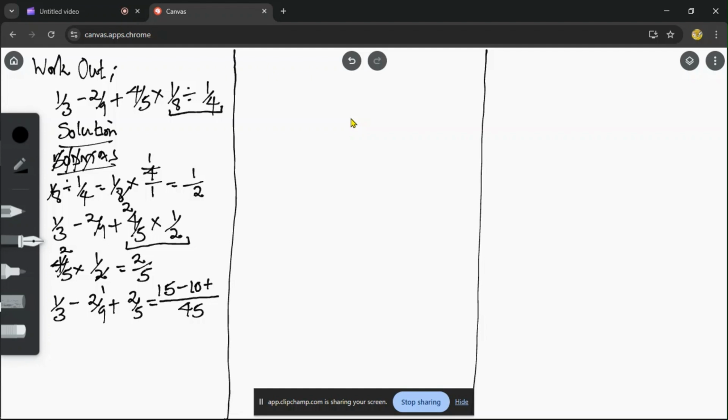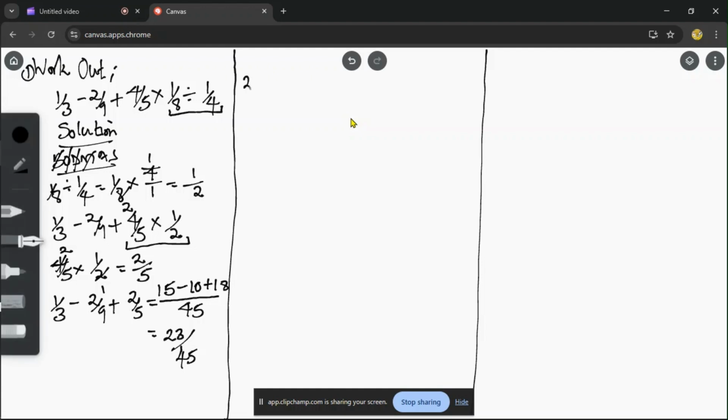So I'll add 45, you divide by 5, that is 9. 9 multiplied by 2 equals 18. So that my sum will be 15 minus 10, that is 5. 5 plus 18, that is 23. So my answer is 23 all over 45. So I get my answer as that. So this was number 1.